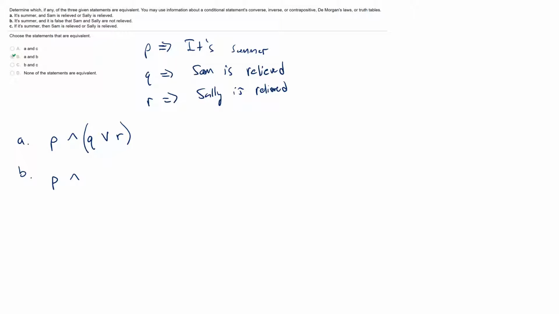So it's going to look like this. It's false that Sam and Sally are not relieved, so I'm going to negate both of those. Sam is not relieved would be not Q, and Sally is not relieved, that would be not R.